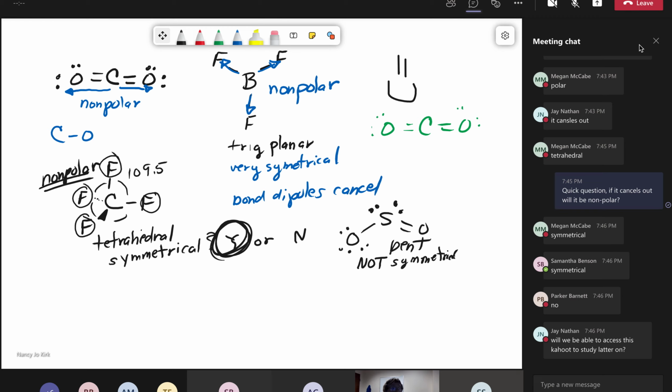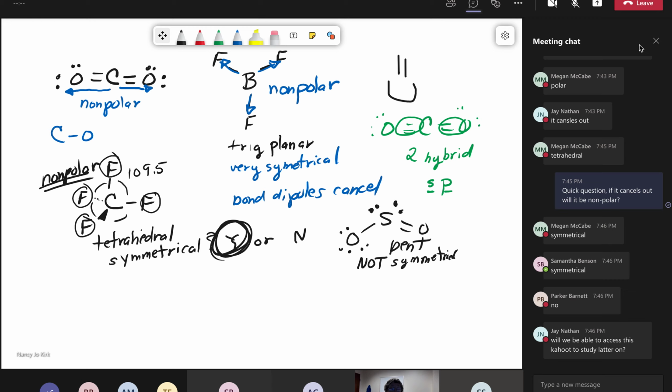So carbon has 2 electron groups, and that means it needs 2 hybrid orbitals. sp is made up of an s orbital and a p orbital, and so that's 2.